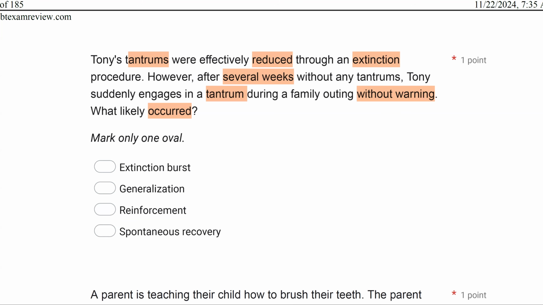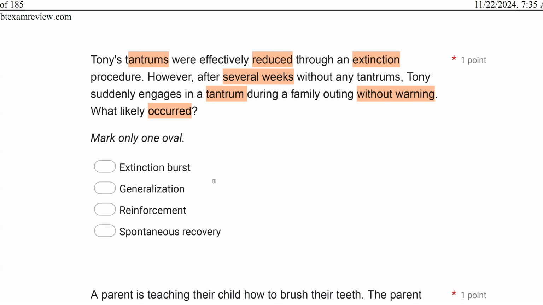So if we think about behavior like this, where we've got a chart and you've got your behavior, let's say extinction starts here. What we expect is the behavior to increase at first, hit a point, and then drop down. This is our extinction burst, that temporary increase before the decrease. In this case, we've already gone through the extinction burst.